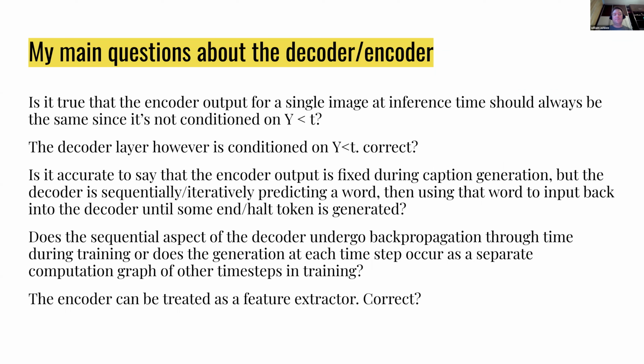You have to step through the decoder multiple times per image, but you wouldn't have to step through the encoder more than once, because the encoder is operating on the image. The encoder is creating a representation of the image for the decoder.